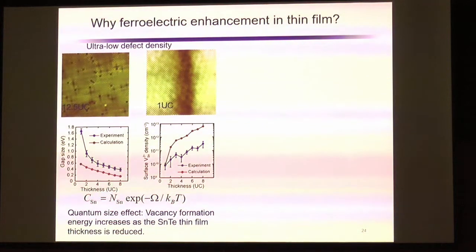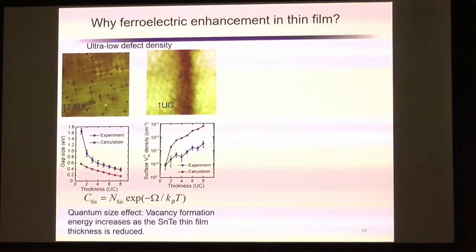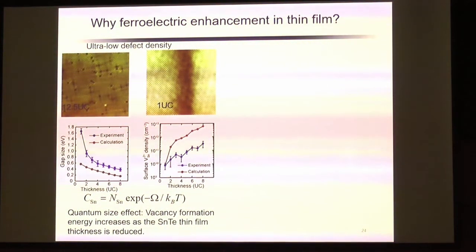Why is that? We used first-principles calculations. We find that when you reduce the thickness, the gap will enlarge due to quantum confinement. We also find that the formation energy of the tin vacancy will increase.